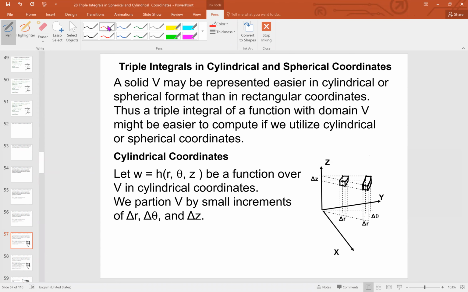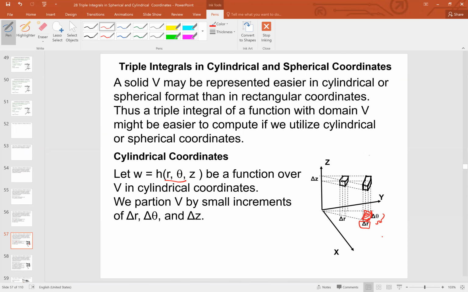I increase all three of them a little bit. When I go from r, dr is going to be from here to here. The r increase is the amount dr. d theta is the amount of angle change, these little slivers.